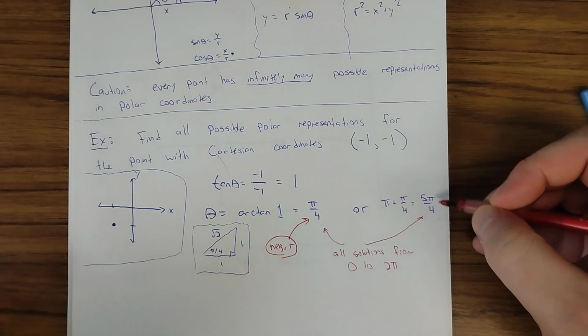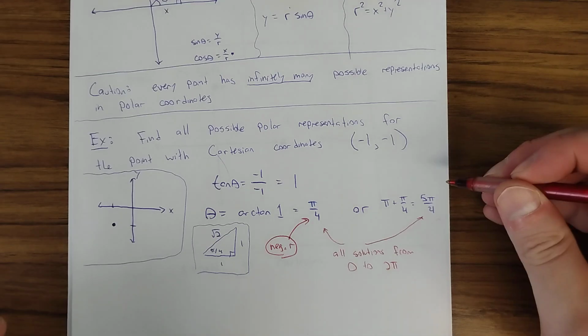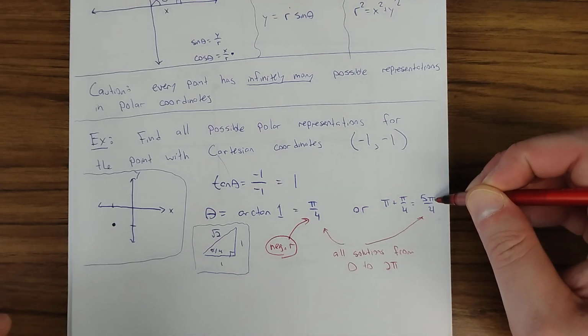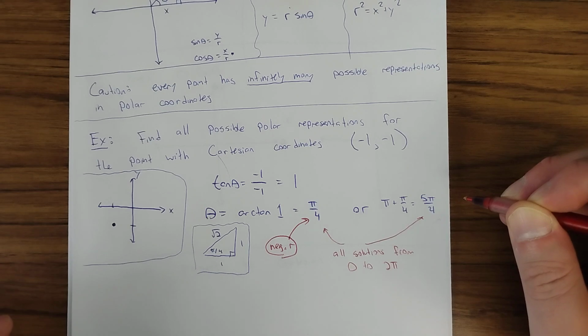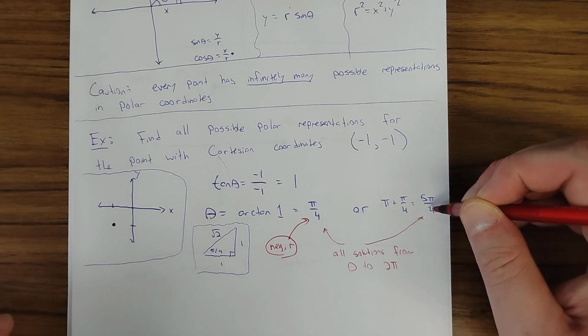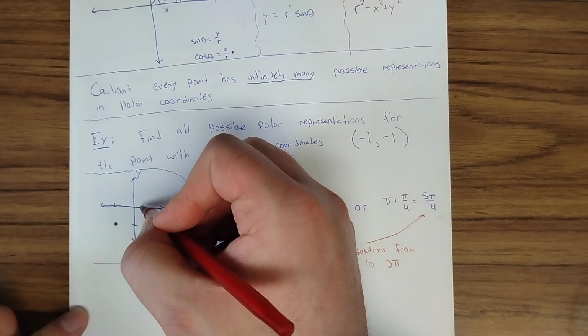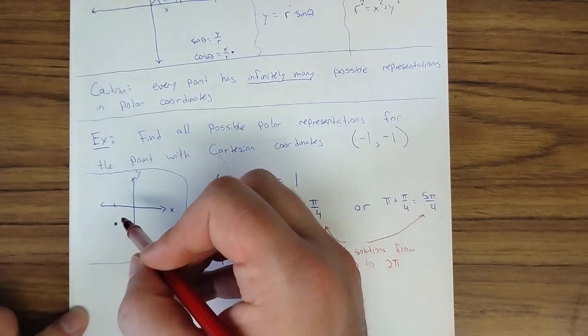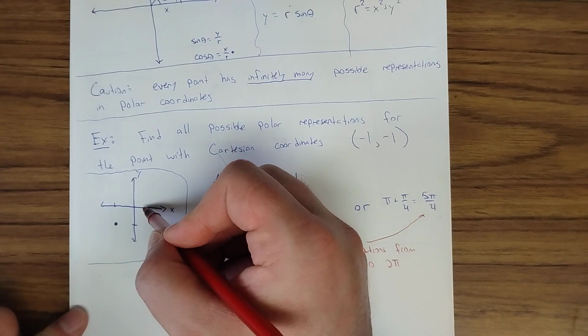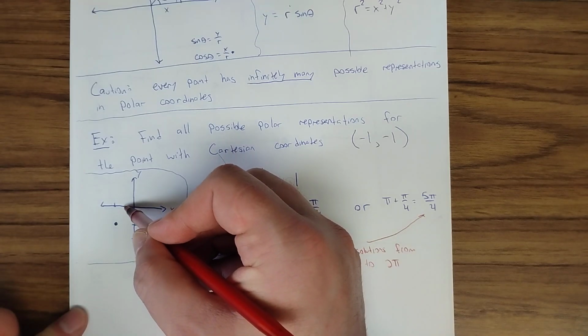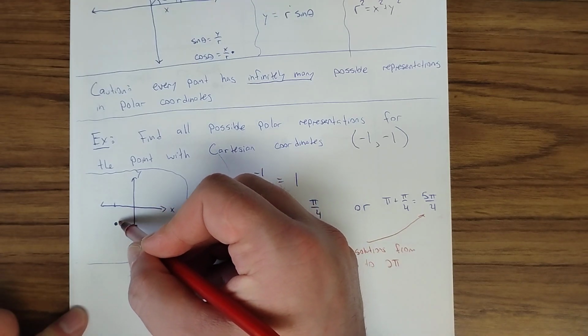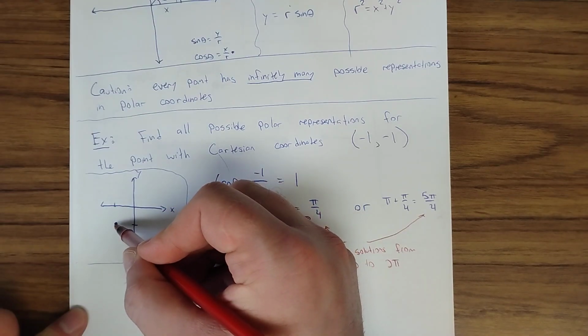This one, 5 pi over 4, is okay, because pi is 180. This is 225 degrees, which is 45 past 180. So I measure starting here, I go 180, and then I go 45 more. That's actually pointing at this point.